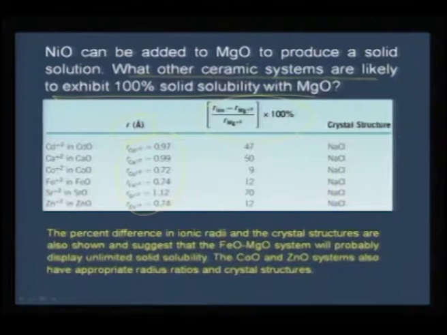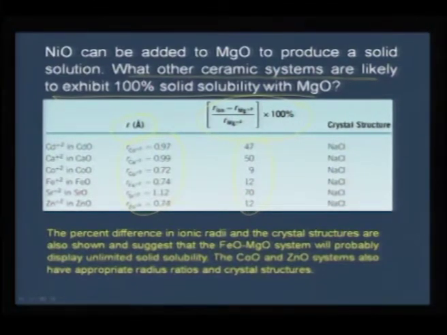So, based on this particular formula where you can substitute this value and calculate the percentage ionic compatibility, then you would arrive at some numbers. These are the numbers which will tell you whether substitution of such metals is possible.